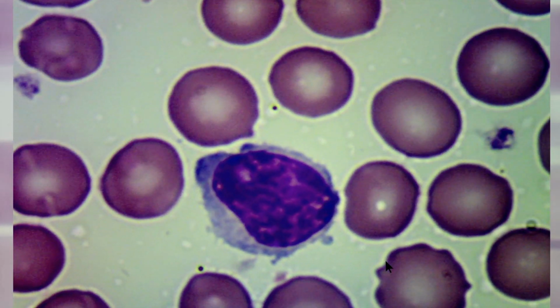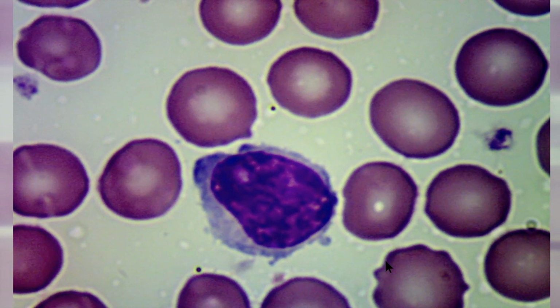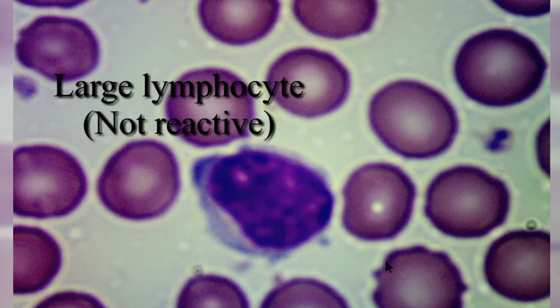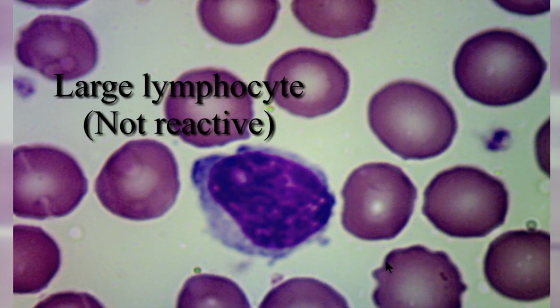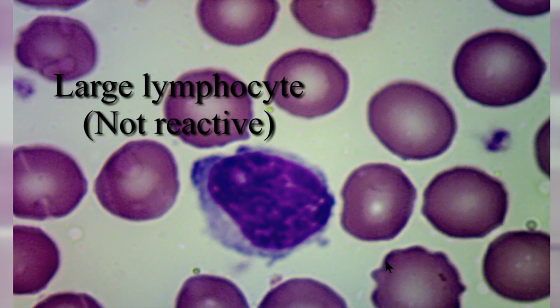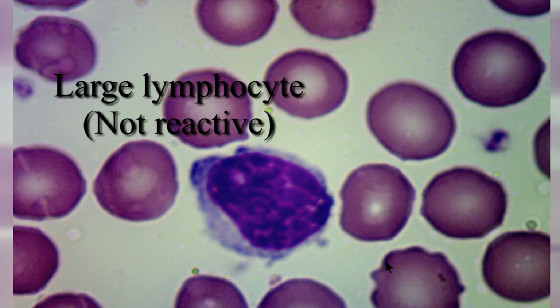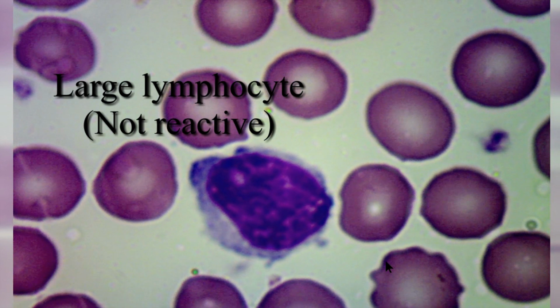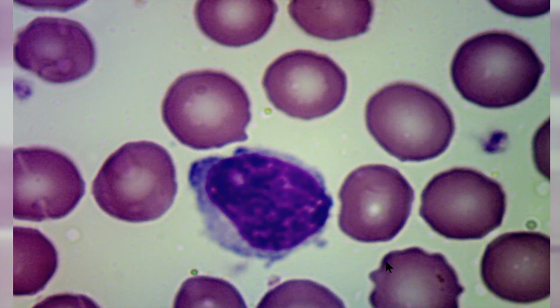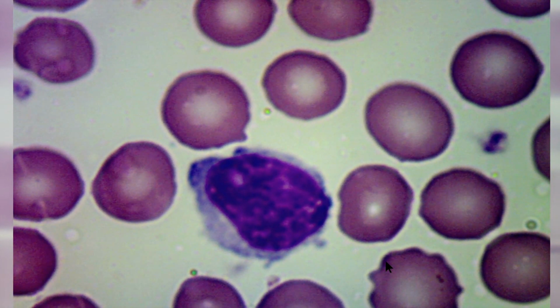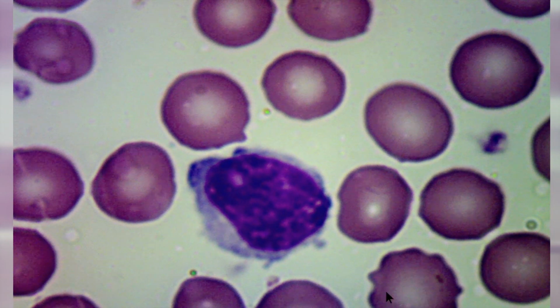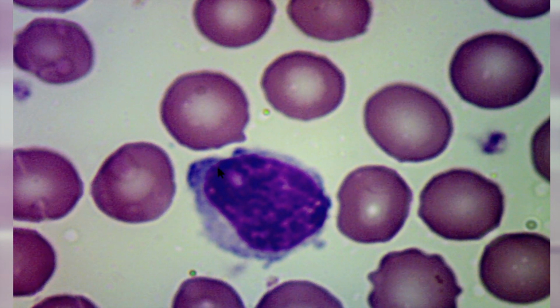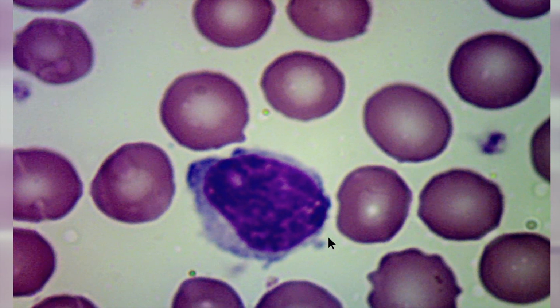We do see another lymphocyte in here. It is a slightly larger lymphocyte. However, I do not call this a reactive lymphocyte yet. It is not big enough. The cytoplasm has not increased as much as I would like to see in a reactive lymph, but this is relatively a large lymphocyte.